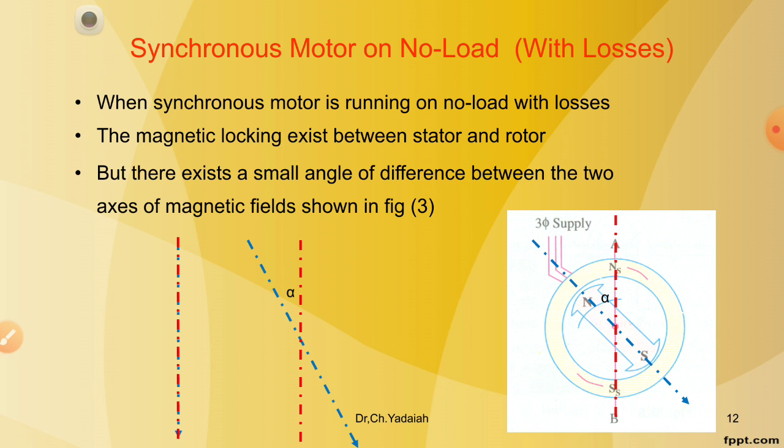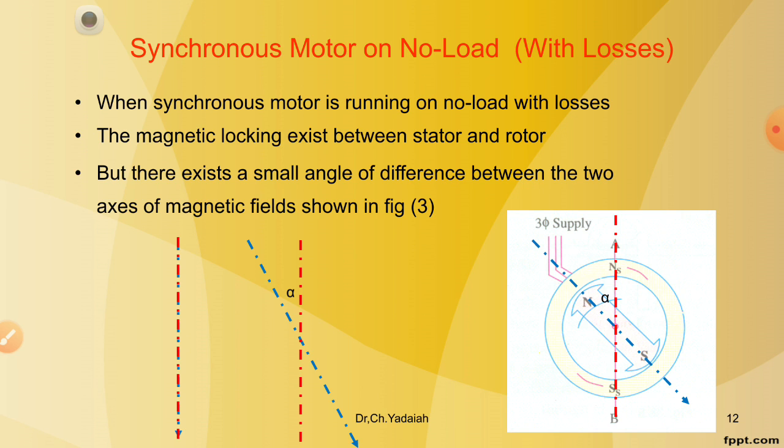In this case, the stator magnetic field is along the A and B axis only, but we are assuming that due to the inherent losses, the rotor is retarded by some angle alpha. So, this is the load angle, some lag, alpha.